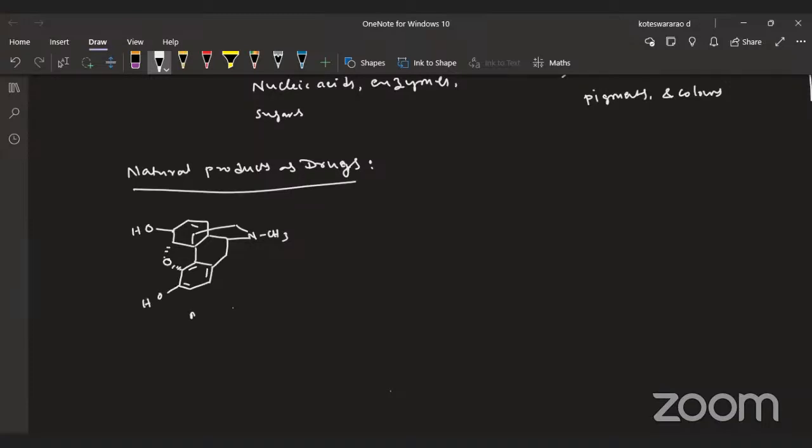This is morphine. And it is a narcotic and hypnotic drug.